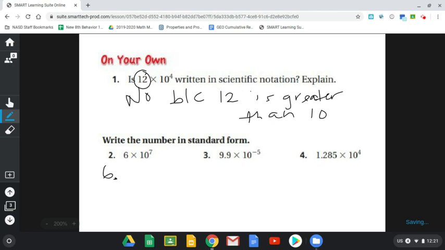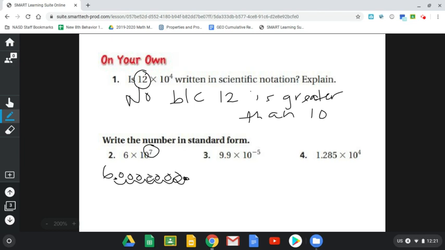All right. So now the exponent with our base 10 is a positive 7, which means we're moving the decimal point 7 places to the right. So 1, 2, 3, 4, 5, 6, and 7. And our new decimal point would be down here. And we would fill in all these empty spaces with zeros. It's a lot of zeros there. Then we would rewrite the number with all those zeros, and we won't need the decimal point because it's all the way to the right and there's no other numbers to the right of it.